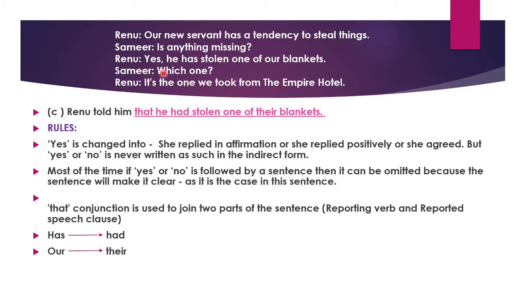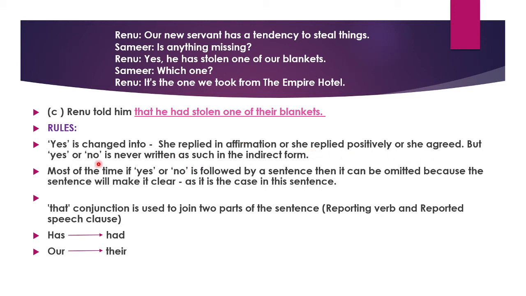Now here I would like to explain. In C blank, it says, "Yes, he has stolen one of our blankets." Now, what is "yes" changed into? She replied in affirmation, or she replied positively, or she agreed.